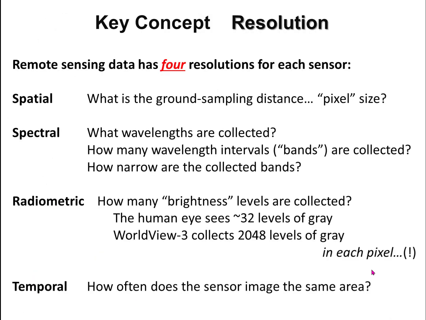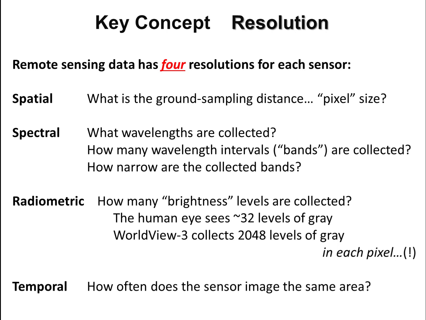A key concept is resolution. Remote sensing data has four resolutions for each sensor. Spatial: what is the ground sampling distance? We'll just call it the pixel size. Spectral: what wavelengths are collected? How many wavelength intervals, called bands, are collected, represented by individual grayscale images, and how narrow are the collected bands in wavelength?